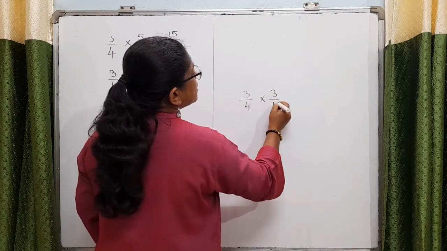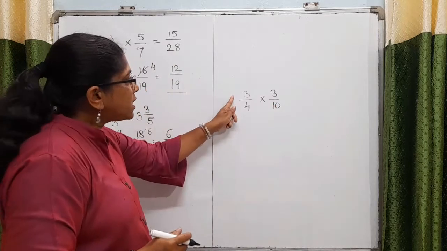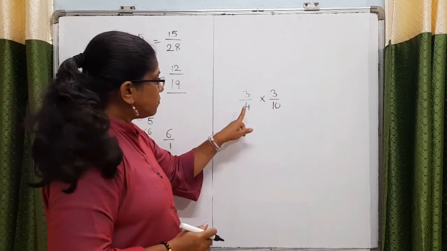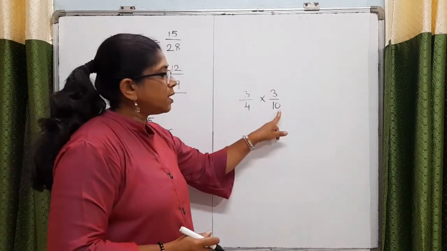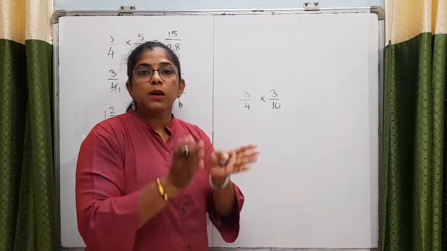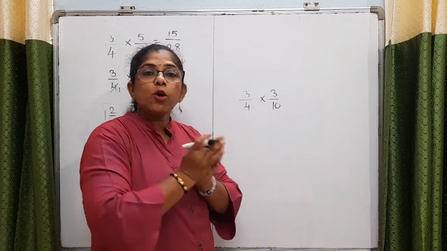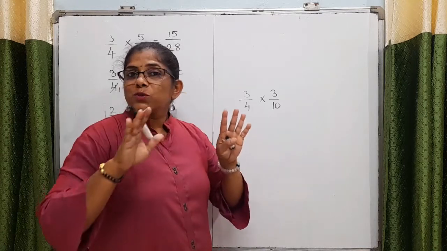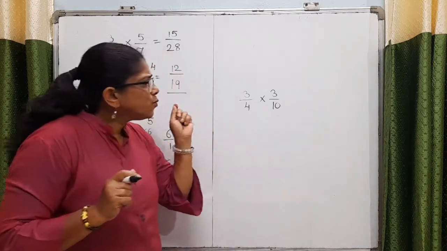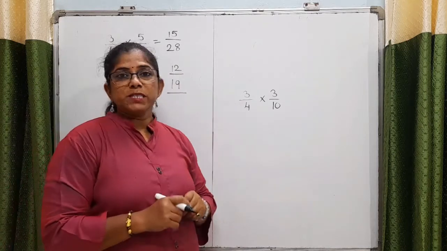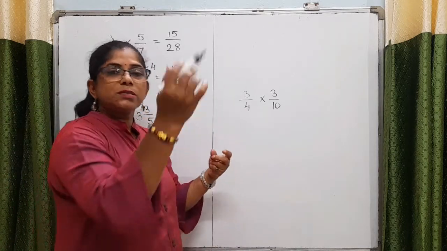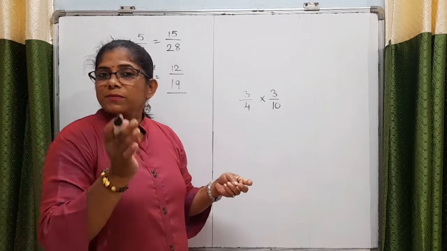Okay. Now suppose here, if we have something like 3 upon 4 into 3 upon 10. Here we cannot cancel 3 ones are 3, 3 ones are 3. We cannot cancel 2 twos are 4 and 2 fives are 10. No, this is not allowed. Numerator and numerator cancellation is not allowed. Even if they have common factor, we are not supposed to cancel them. Few students, they do this common mistake. When they find the common numbers, straight away they cancel it. But it is not allowed.